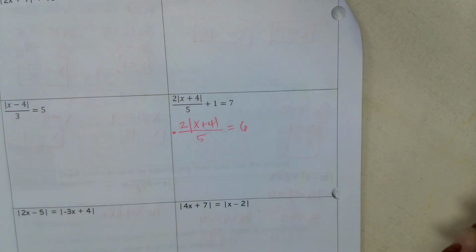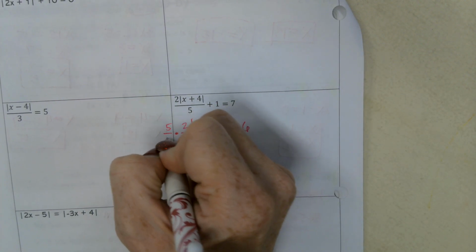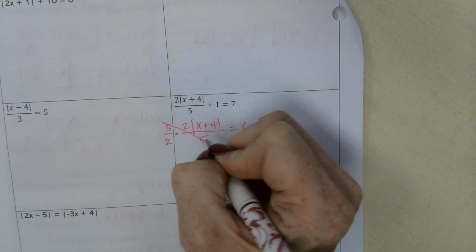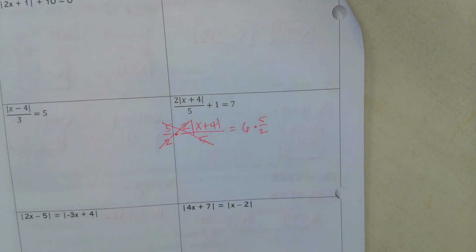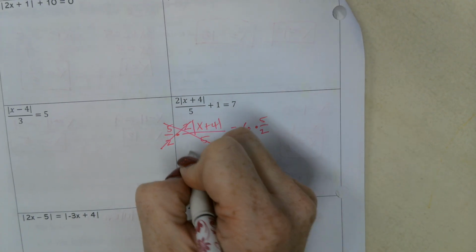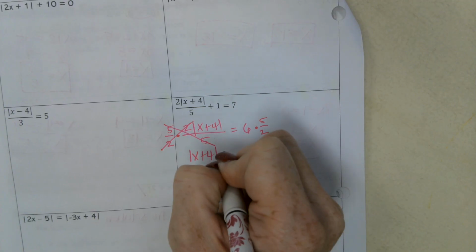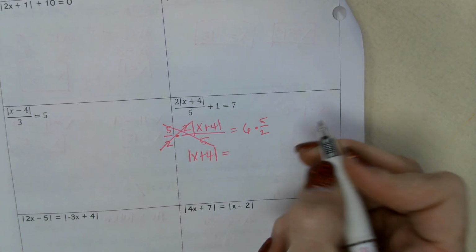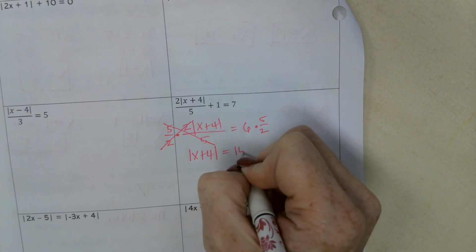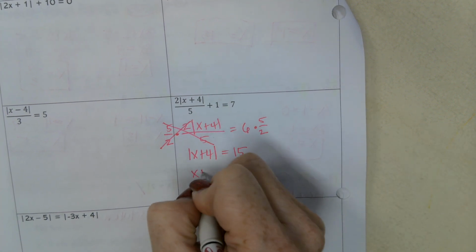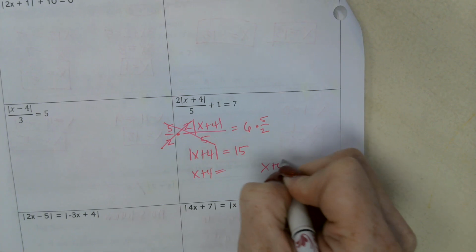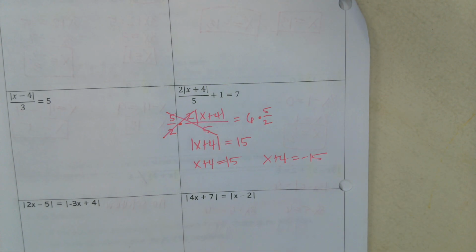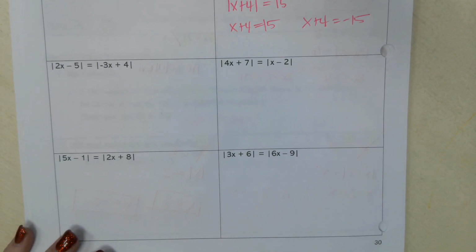Then I have a fraction leading coefficient, so I'm going to multiply by the reciprocal. 5's cancel, 2's cancel. So here I have the absolute value of x plus 4 is equal to 6 times 5 is 30, and 30 divided by 2 is 15. So here you would set x plus 4 equal to 15 and negative 15.